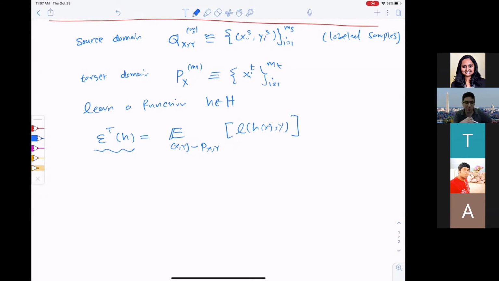Otherwise, it's not going to be an easy problem. And the third assumption was that we need a sort of relationship between my source and target X's, the unlabeled source and target samples. And that's what we characterize using H divergence.